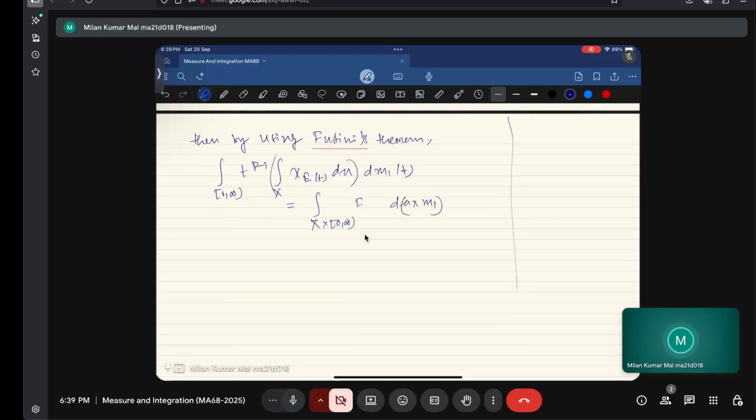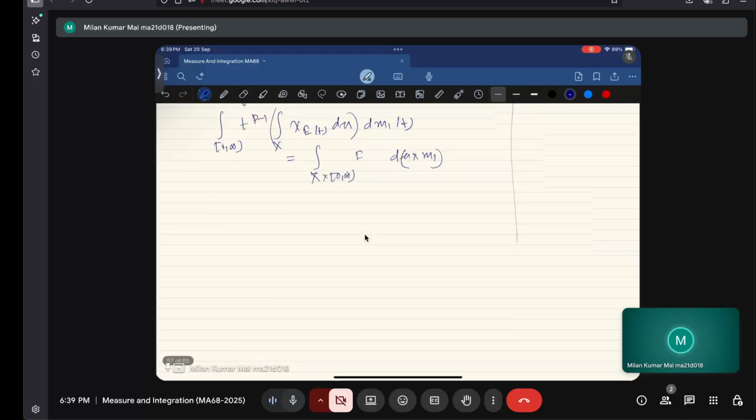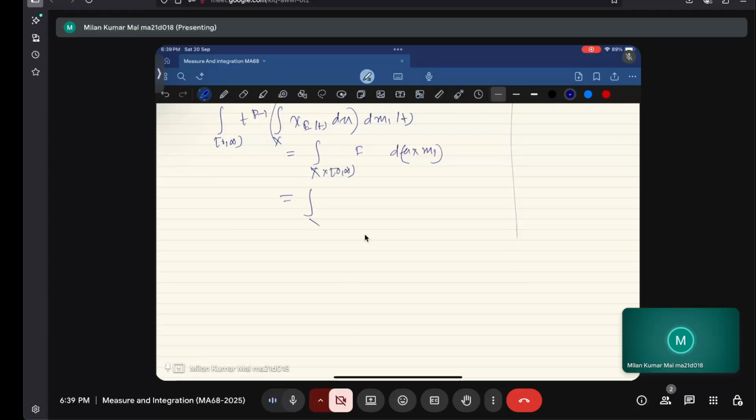This is also interchangeable. This is Fubini's theorem, interchanging the order.